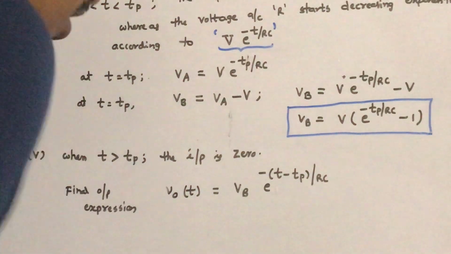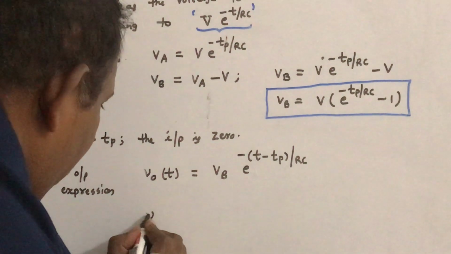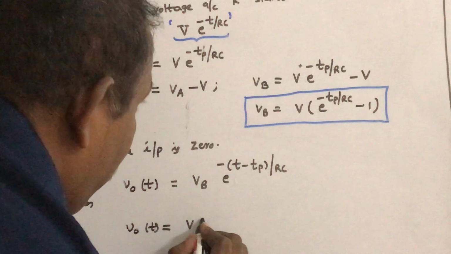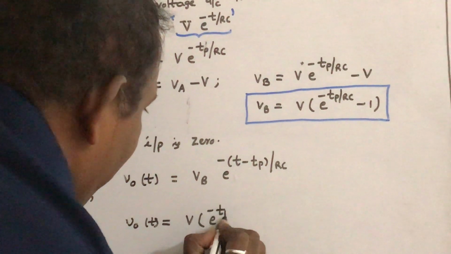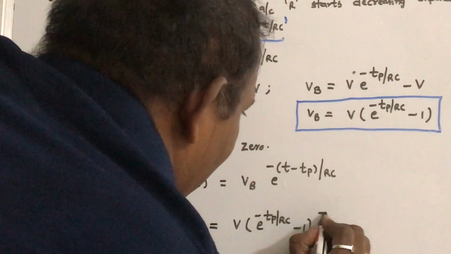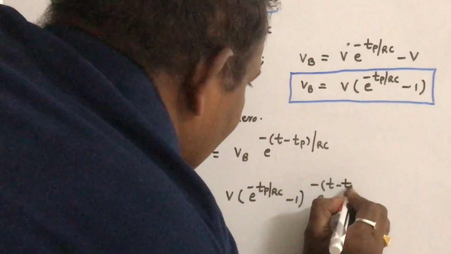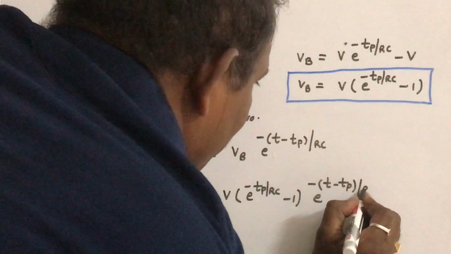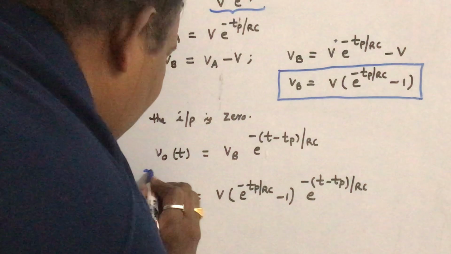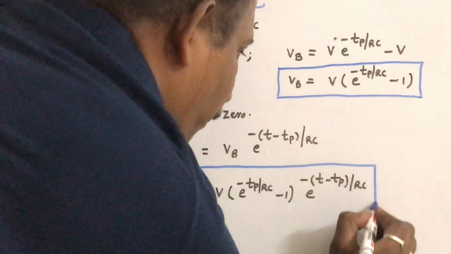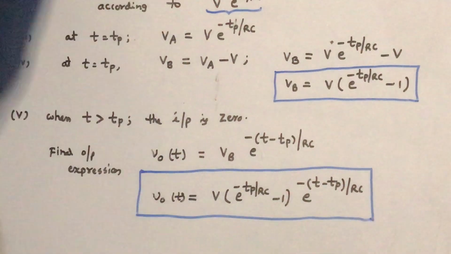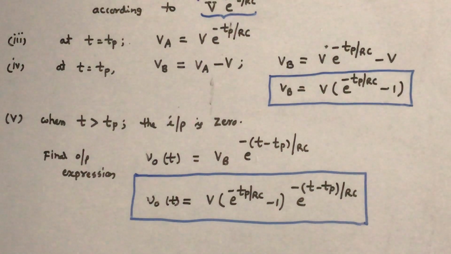Substitute VB in this formula. So the expression for V0 of t is V into (e power minus Tp by RC minus 1) into e power minus (t minus Tp) by RC. This is the expression you have to derive in the examination when a pulse input is applied to an RC high pass circuit.